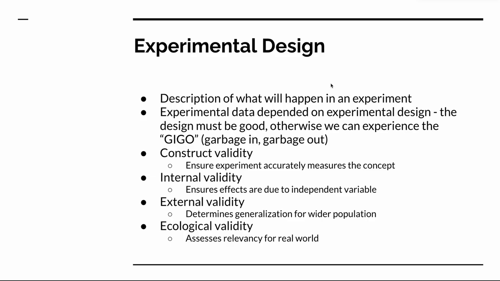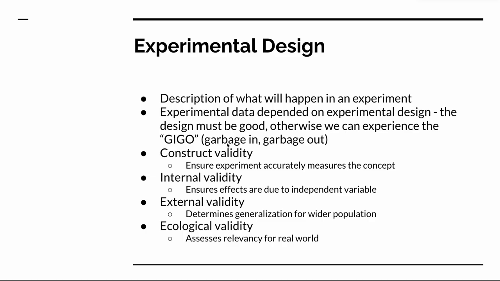We need to have a good experimental design, because if it's bad, if it's garbage, this is actually something the author mentions directly in the article: if our experiment is garbage, then our results are also going to be garbage. It's the phenomenon of garbage in, garbage out mentioned in the article.